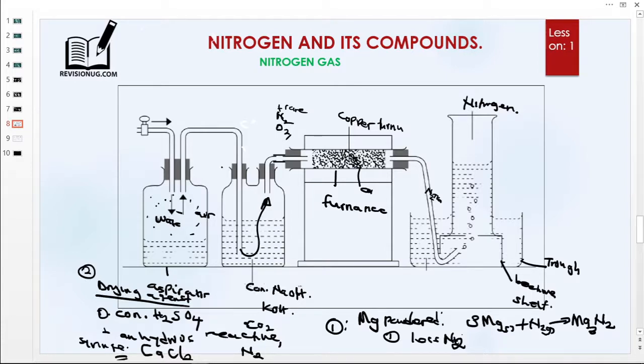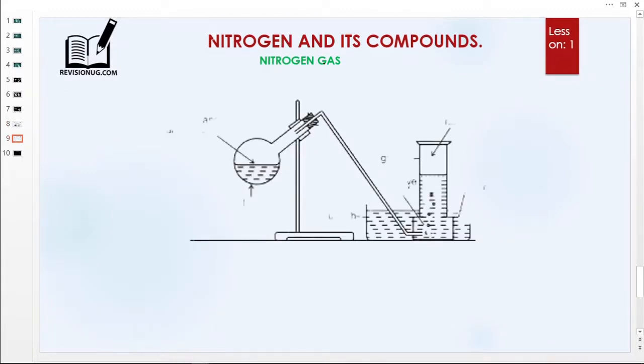Let us move on and see another method of preparing nitrogen. Here with me again, we are still looking at nitrogen as a gas and its preparation. Briefly, we said we can prepare it in the laboratory and on a large scale in factories, by manufacturers using fractional distillation of liquid air.